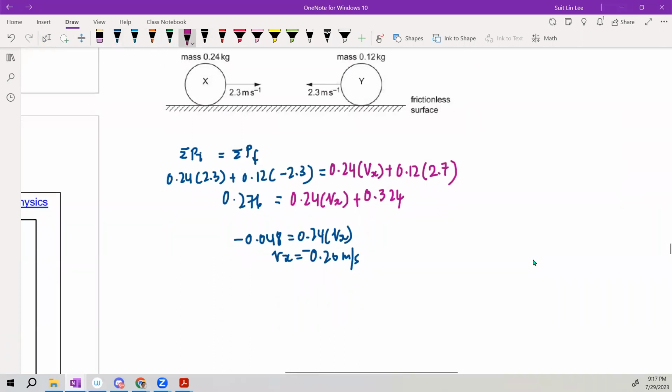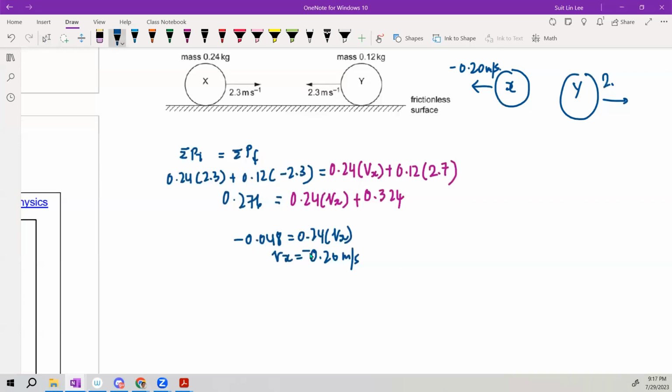After collision, I know that x will move in the opposite direction because of the negative. So x will be forced to change direction a bit slowly. And y has also changed direction because it's positive 2.7. They basically reverse direction. In fact, you can even check this using the change in momentum of x.